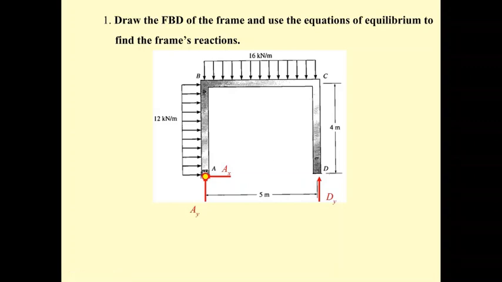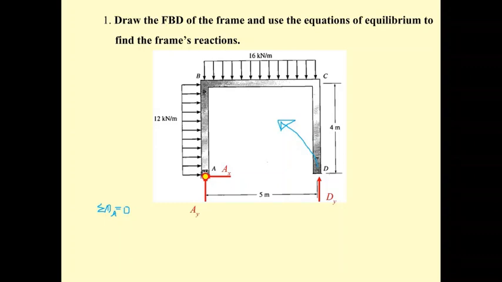And you can see if you take A as the rotation point, D sub y is trying to rotate counterclockwise. So we will have the summation of the moment at A equal to 0.